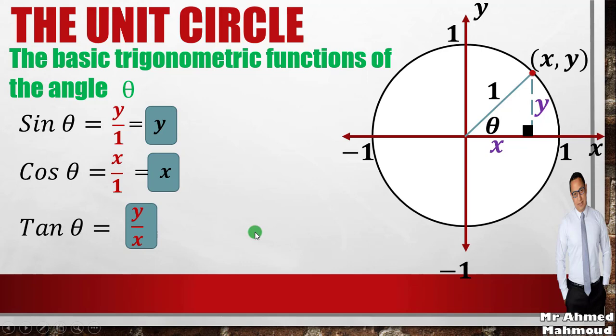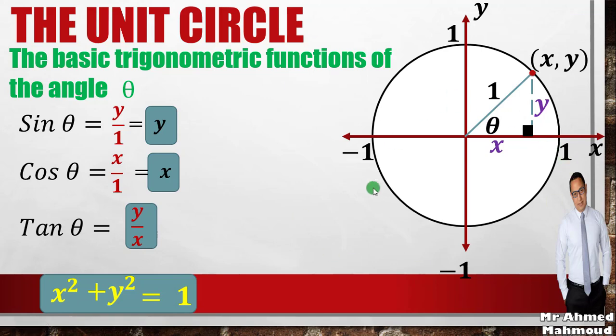Remember with me the Pythagorean theorem: for any right angle triangle, side power 2 plus side power 2 equals hypotenuse power 2. So x power of 2 plus y power of 2 equals 1 power of 2, which is 1. This is the rule related to the unit circle.